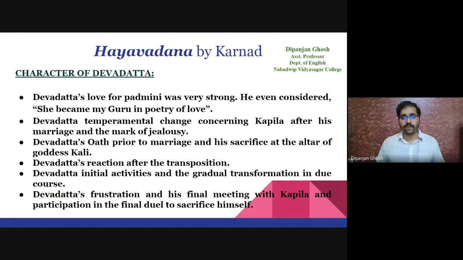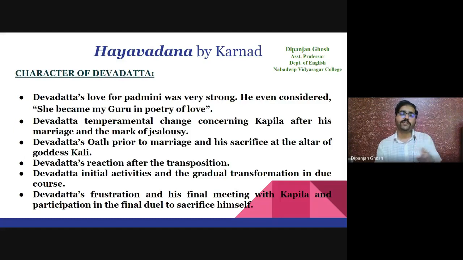He knows very well that he cannot win this duel. To some extent, it is a kind of suicide. And at the end, he was murdered by Kopila, and Kopila was murdered by Devadatta. So fundamentally, that is the typical character of Devadatta and his role.